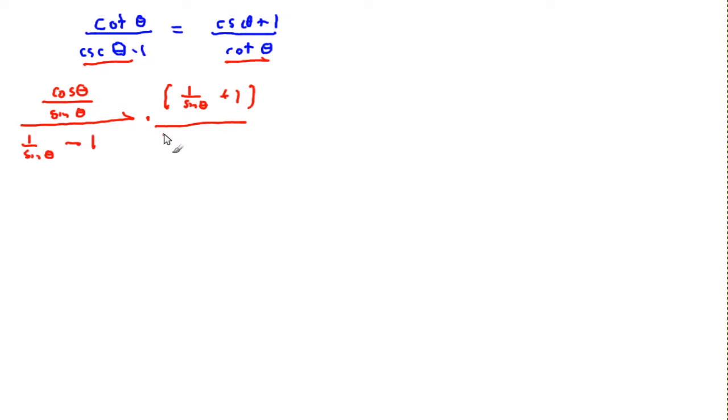And likewise for the denominator, 1 over sine theta plus 1. And we'll multiply that out, so that will give us cos of theta over sine of theta bracket 1 over sine of theta plus 1.